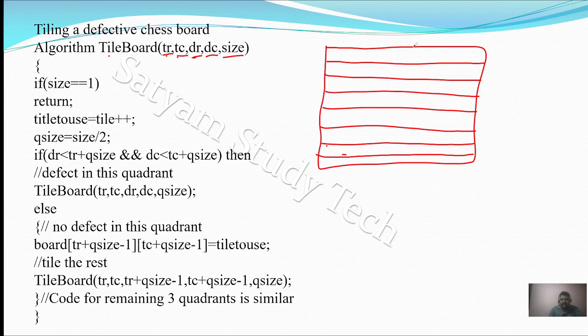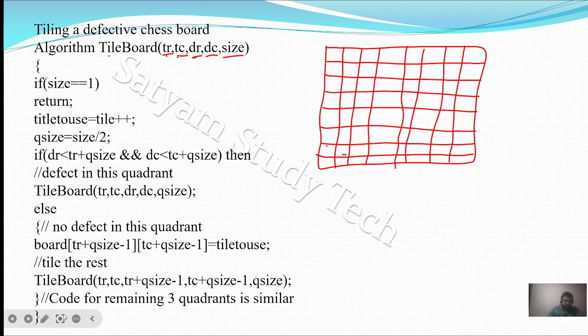Now we have the 8 columns. Here 1, here 2, here 3 and 4, here also you can divide, here also you can divide.